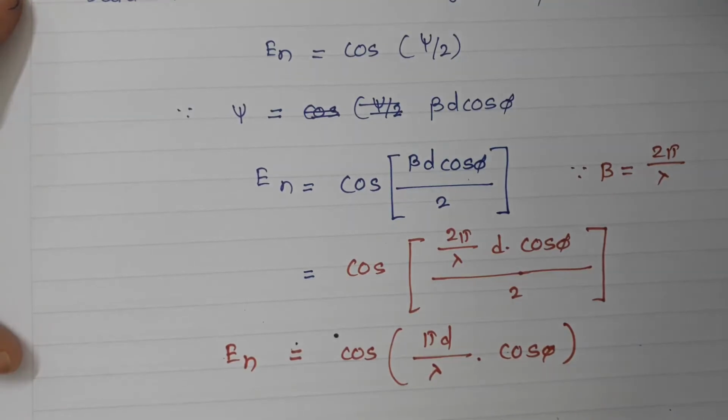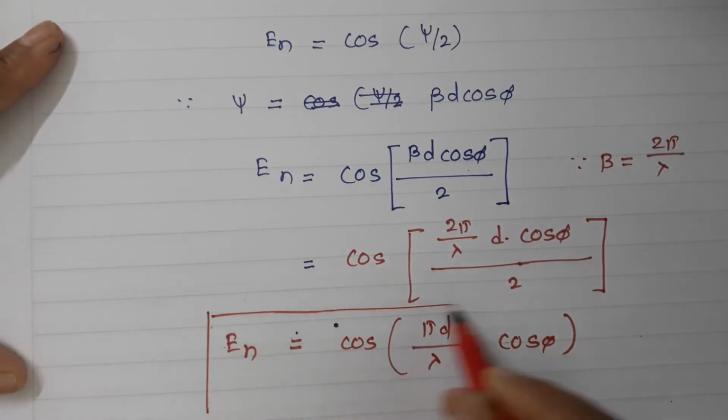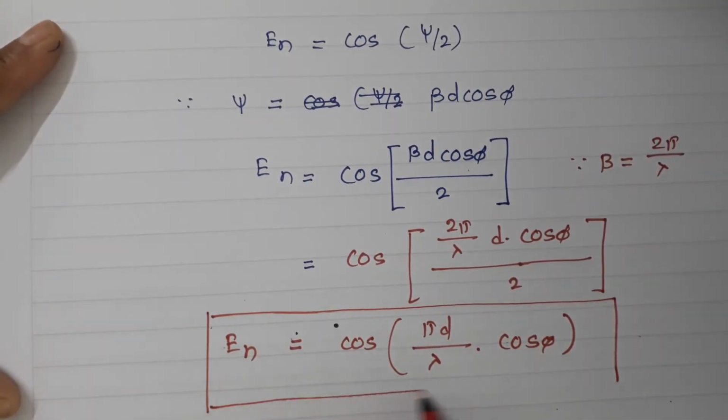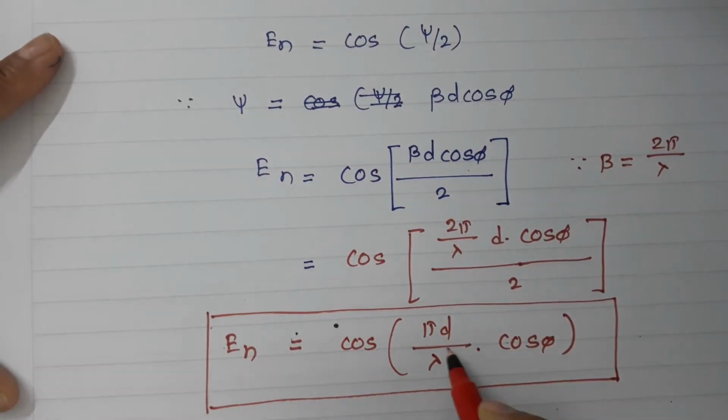So this field pattern can be drawn by putting different values of d and the current phase.